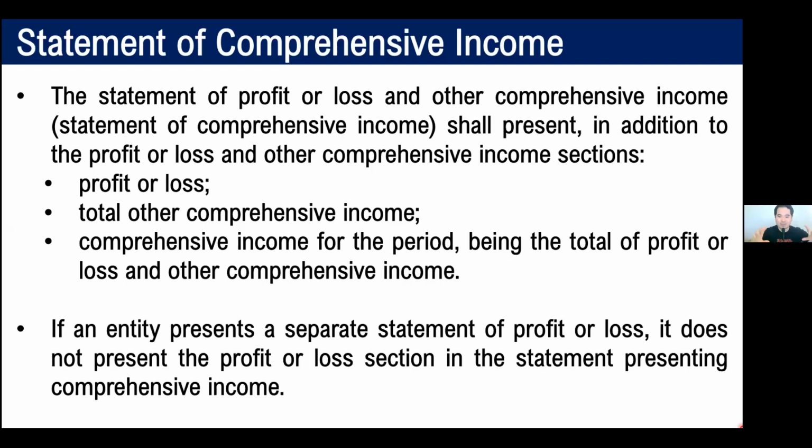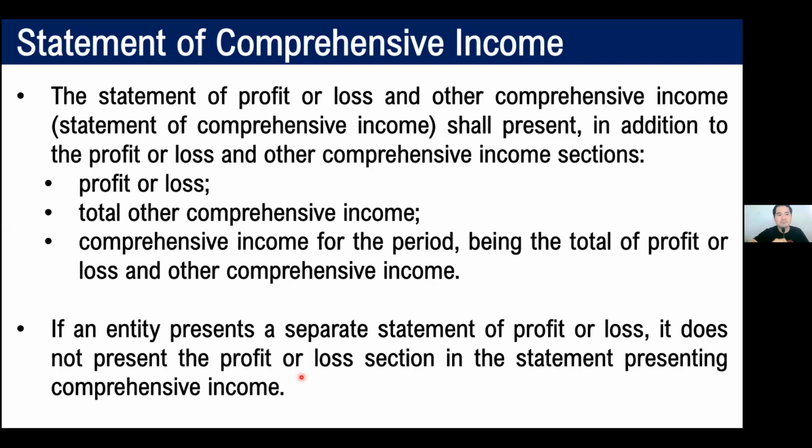Revenue, expense, other gains and losses, hanggang umabot yan ng net income after tax. Tapos, nandun na rin sa page na yun, kung konti lang naman din siguro yung OCI mo at kasya, edi diretsuhin mo na ang presentation hanggang mag-other comprehensive income ka na and ang endpoint mo, comprehensive income. Ang sabi lang ng standard, kung separately mo siya ipe-present, dahil may separate presentation ka na ng PL, wag mo nang ipe-present doon yung PL information sa comprehensive income section.